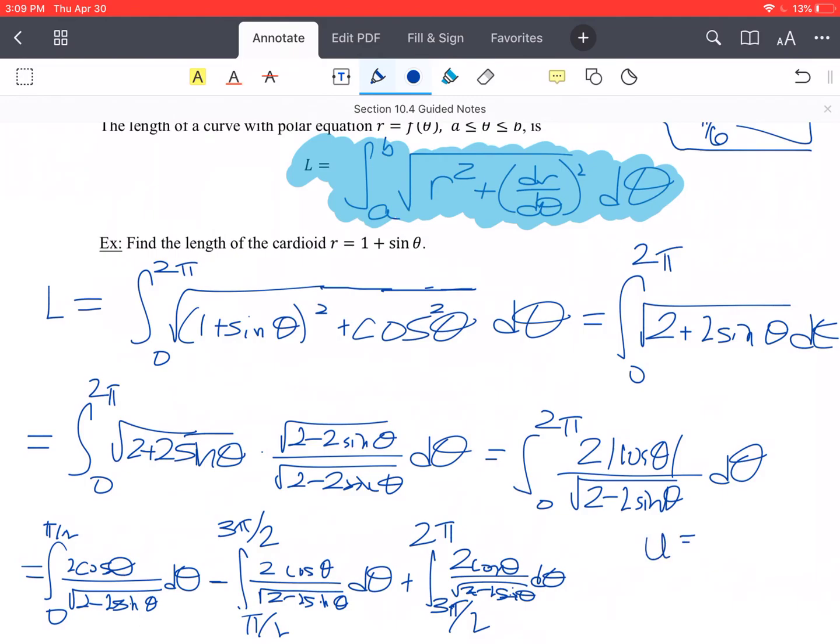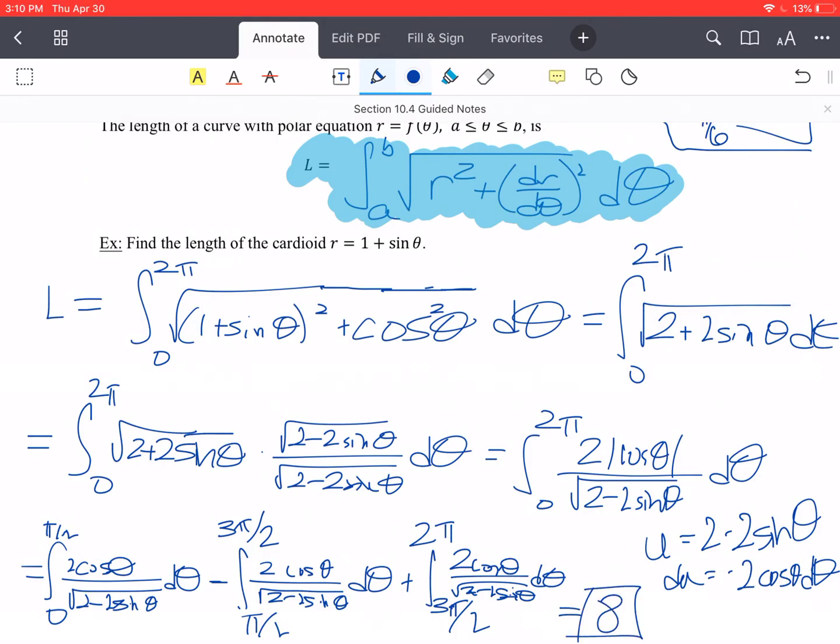So you would let u be 2 minus 2 sine theta, and du would be negative 2 cosine theta d theta. If you make a u sub on all of these, sub back, and plug in the corresponding values, I'm just going to tell you what we get.